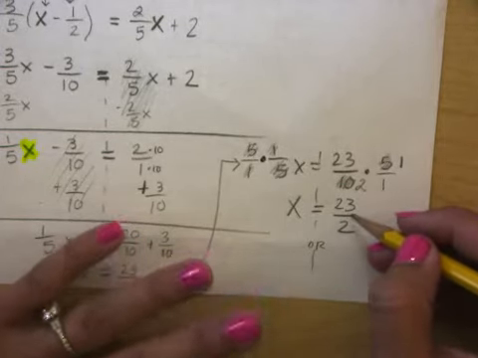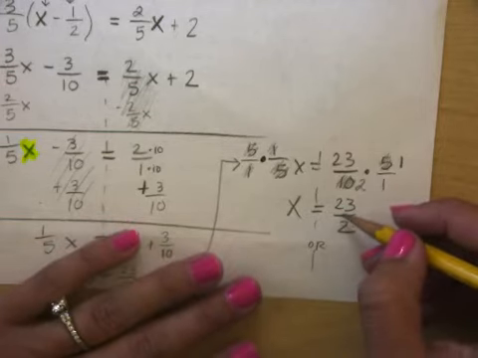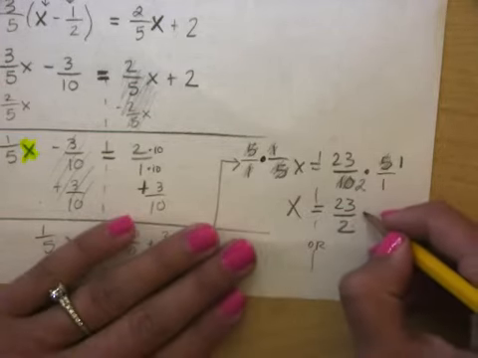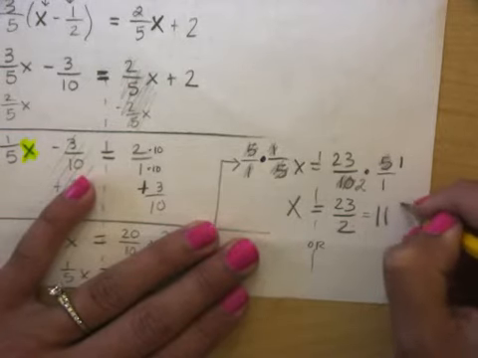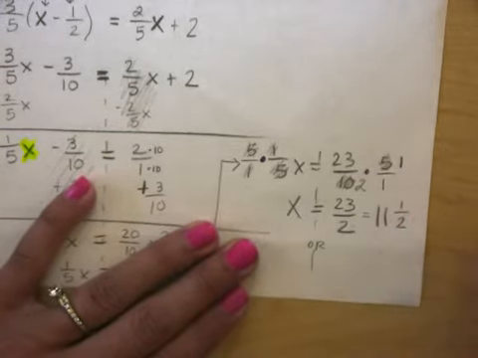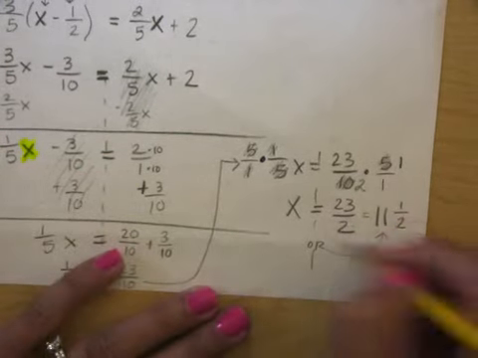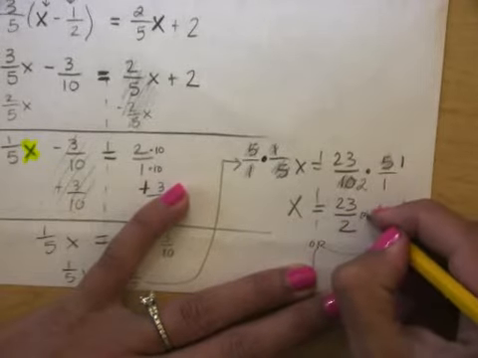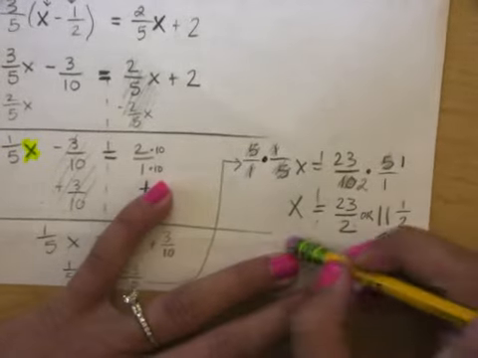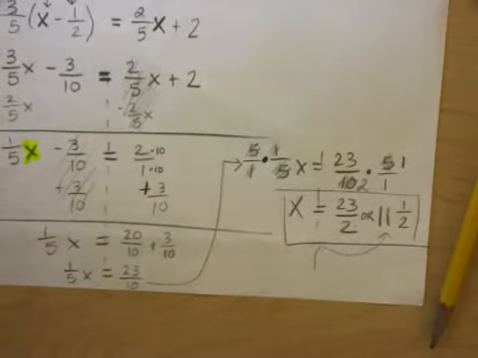Let's see. 2 times 10 is 20. 2 times 11 is 22. 2 times 12 is 24. That's too much. So 11, that's 22, but I have 1 left over since I have 23 of them. So, or 11 and a half. Okay. So either one of those are acceptable. I shouldn't ever put 2 equal signs in a problem, so I'll just write 23 halves or 11 and a half. I just solved that equation.